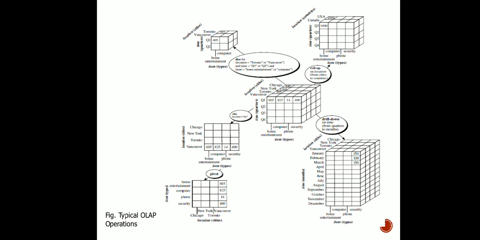Now dice means we are projecting something. You can see here in the dice operation we are focusing on location is Toronto or Vancouver, time can be Q1 or Q2, and item can be home entertainment or computer. So for Q1 and Q2, for Toronto and Vancouver, that means we are discarding Newark and Chicago, and we are focusing on home entertainment and computer.